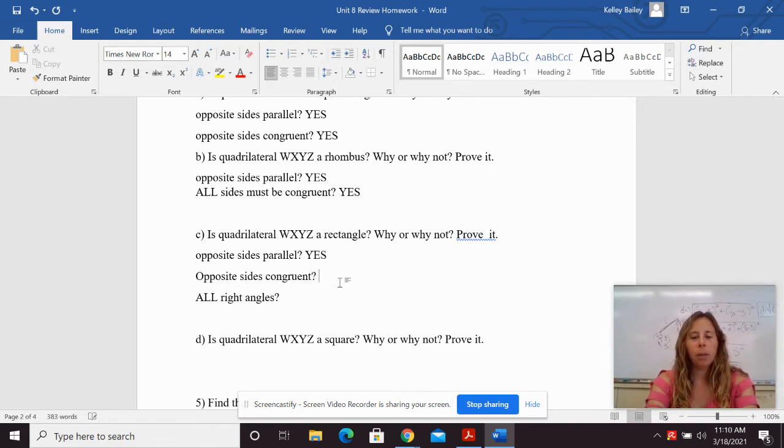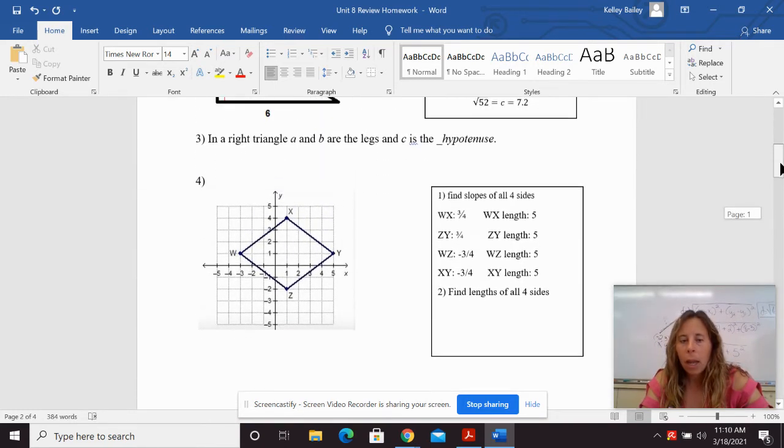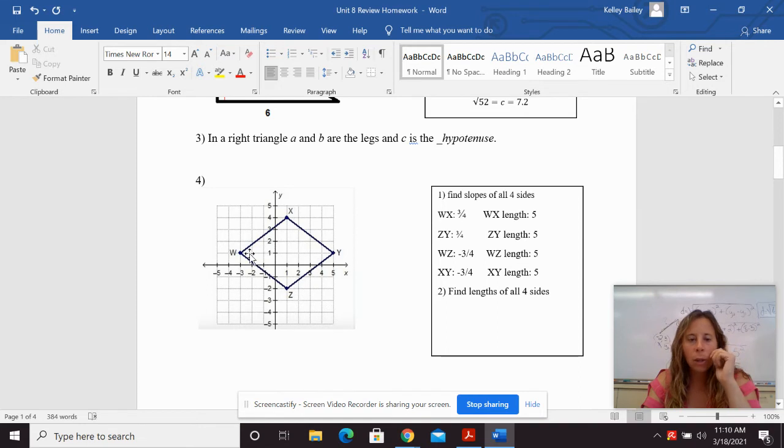Are opposite sides congruent? Yes, we proved that already. Now hold on. Do we have all right angles? Let me scroll back up here. In order to have all right angles, my sides would have to be perpendicular to each other. So WX would have to be perpendicular to WZ.